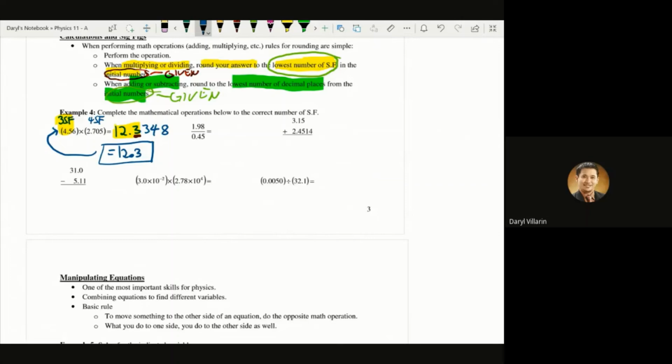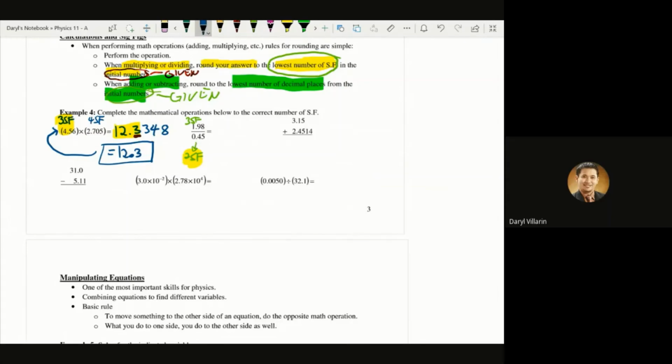Okay. And then the next example is division. So just do this one in your calculator. But again, take note of the number of significant figures. The first one has 3 significant figures. And this one here has 2 significant figures. So therefore, my final answer should take the 2 significant figures.